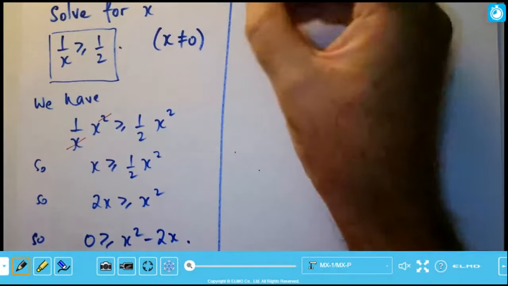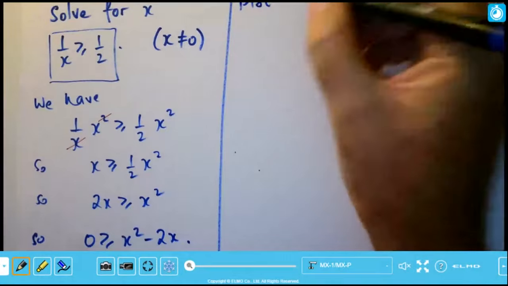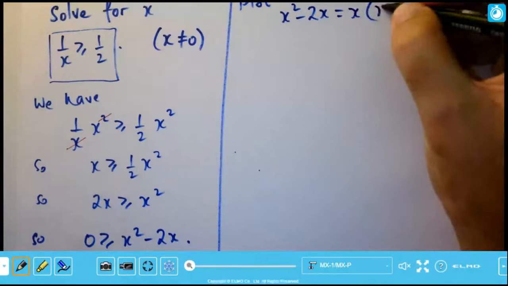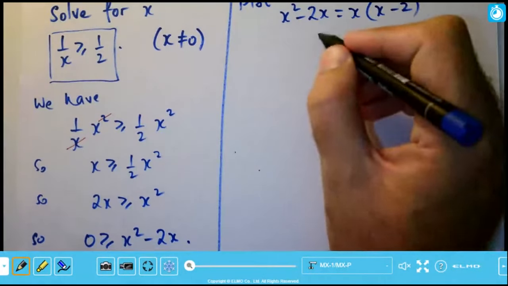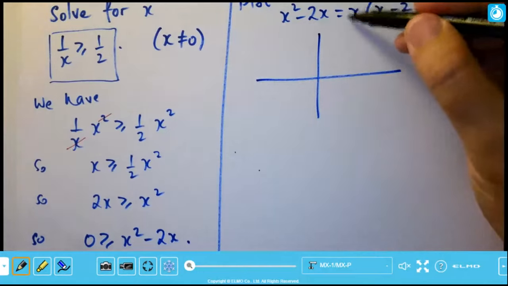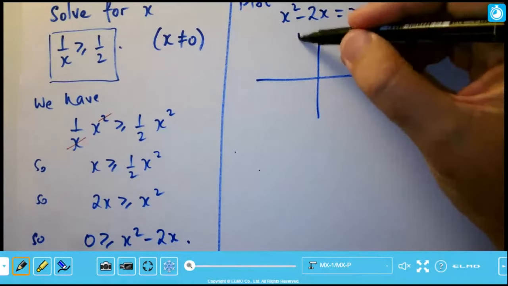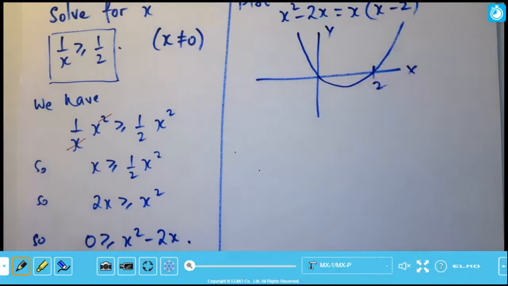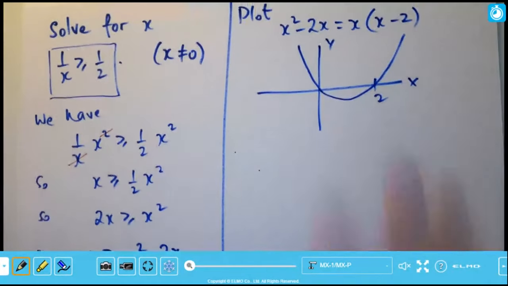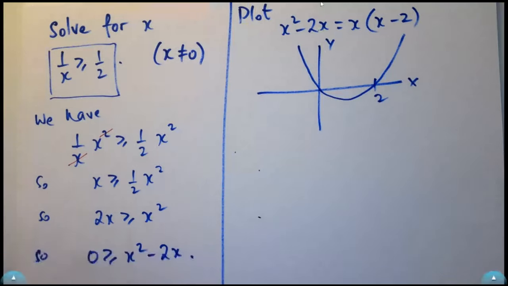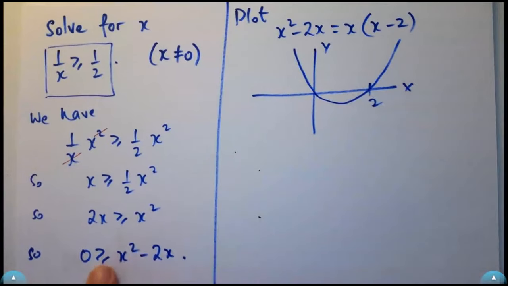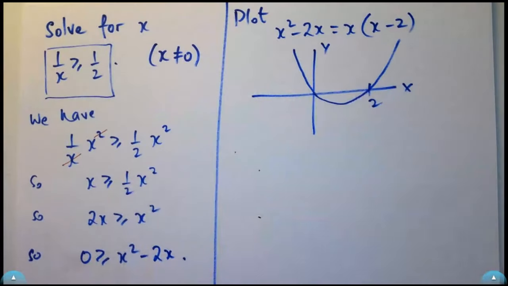All right, so I'm going to plot the graph of this, which is pretty easy. Okay, so it's a quadratic function. It's going to cut the axis at 0 and positive 2, and it's going to look something like that. Okay, so if we look at this graph, then you can see we want the part where this graph is less than or equal to the horizontal axis.